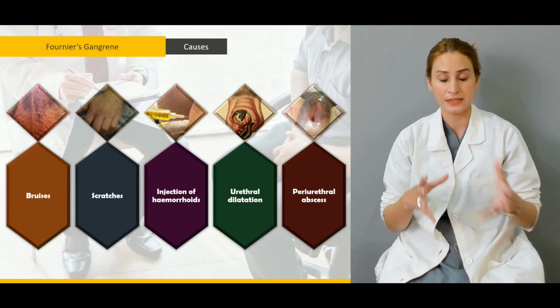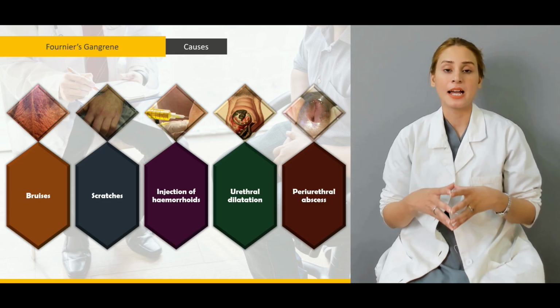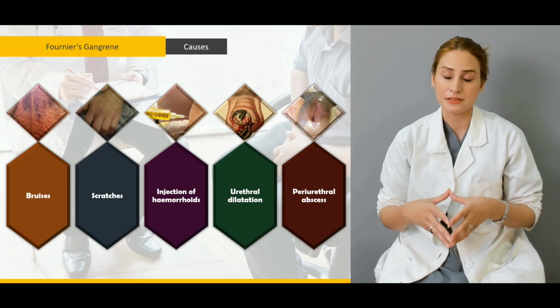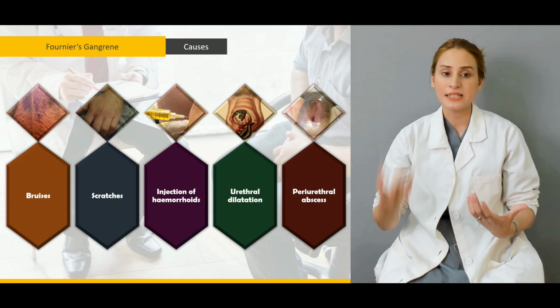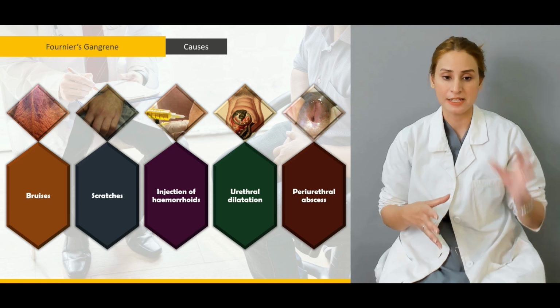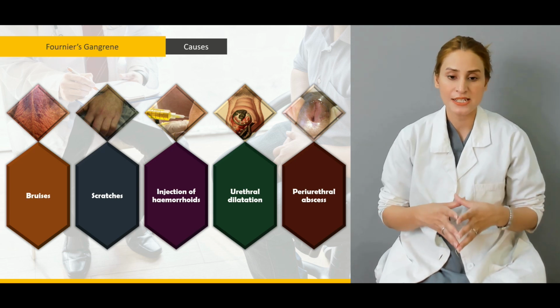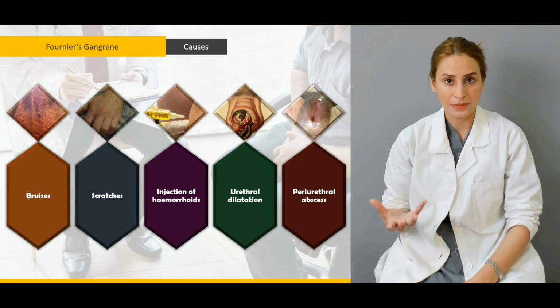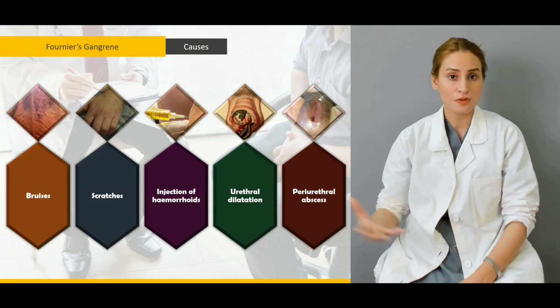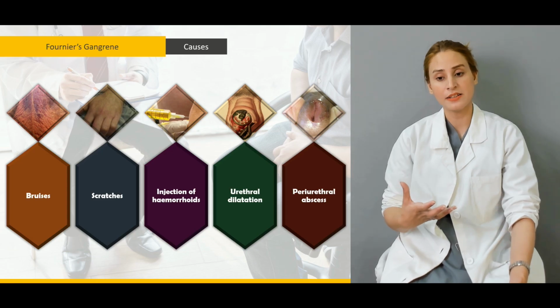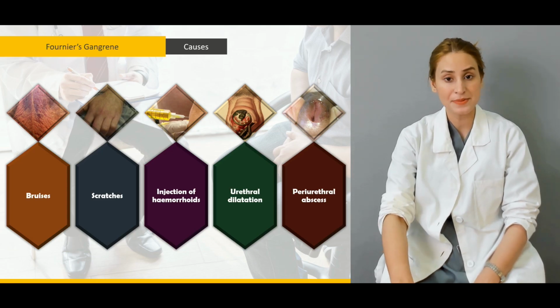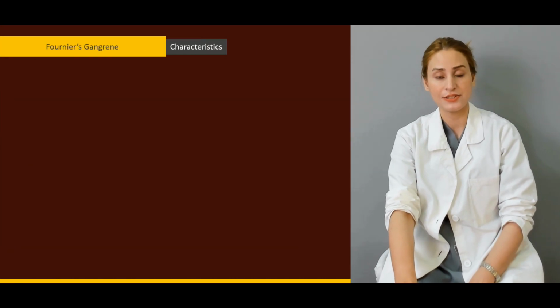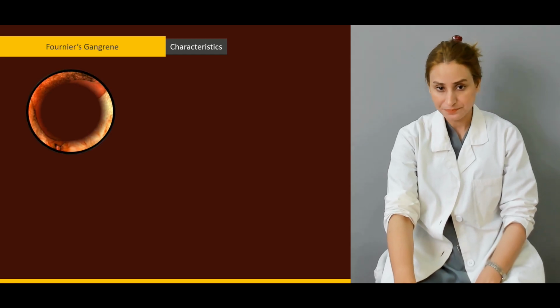The causative factors leading to Fournier's gangrene are bruises, scratches, injection of hemorrhoids, cryotherapy, post urethral dilatation, and periurethral abscess. All these can actually lead to Fournier's gangrene.